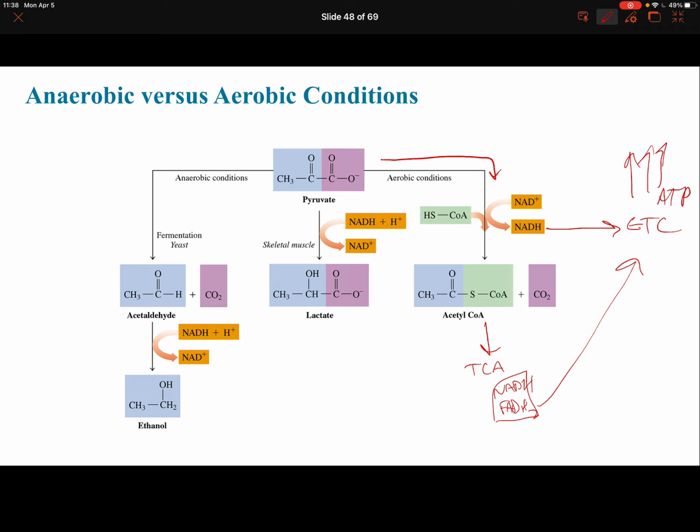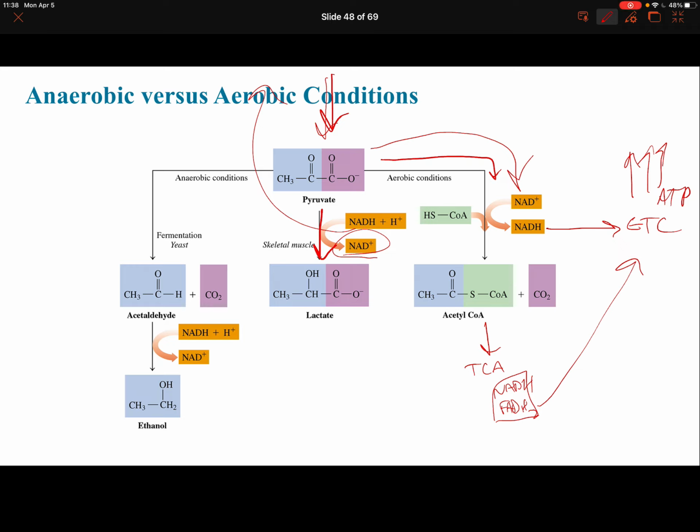But if that's not available, then we have two options. One, make lactate, just so that we can have more NAD+, so that at least the beginning part can still happen. We need this to keep happening. So NAD+ just goes back up to the top and lets pyruvate keep being made. Now, some organisms will actually ferment.